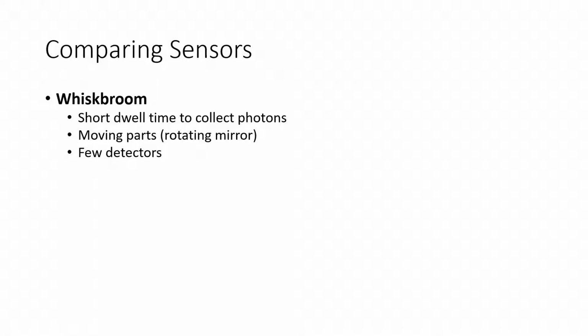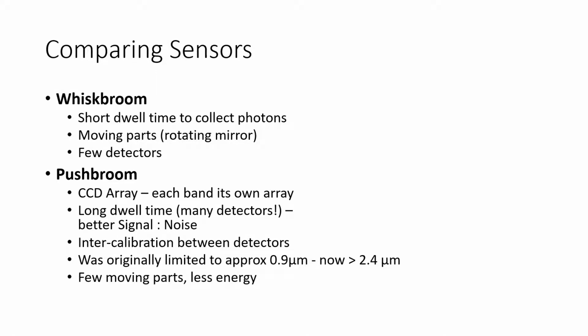So let's compare some sensors. Whisk broom: short dwell time to collect photons, moving parts, problems, fewer detectors. Push broom: each array has its own band, has a longer dwell time with a lot of detectors. You get a better signal to noise ratio, you can calibrate between detectors, not as many moving parts, uses less energy.